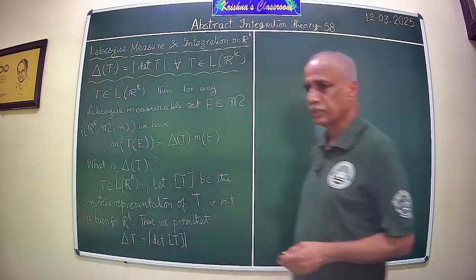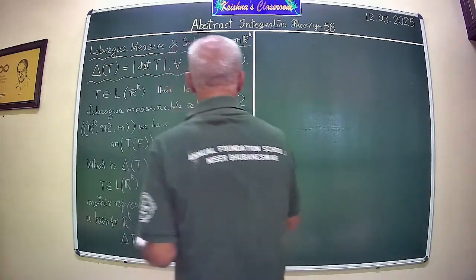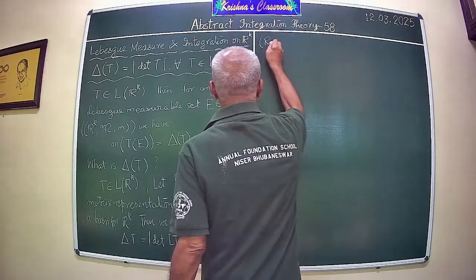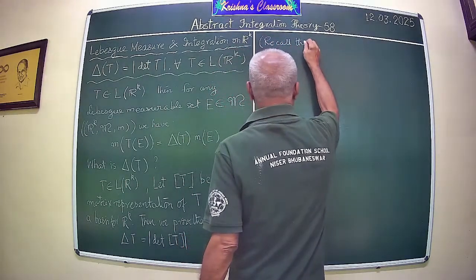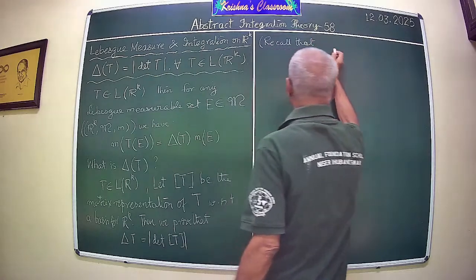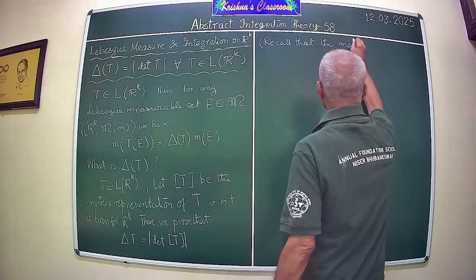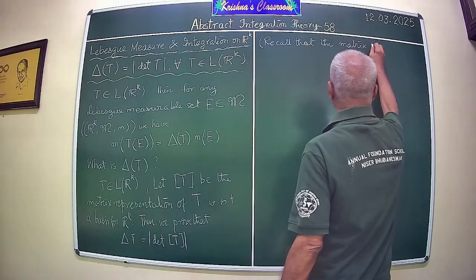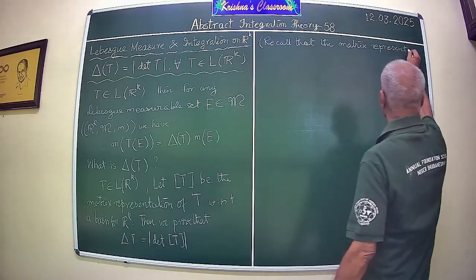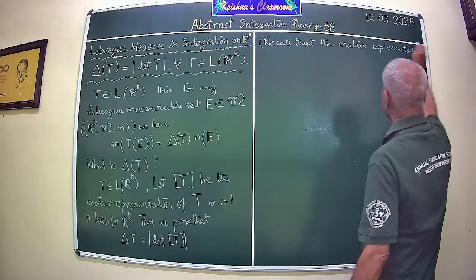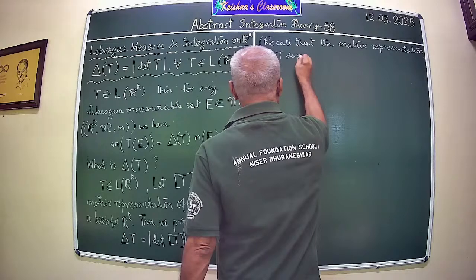Now you see that the matrix representation of T depends on the basis.